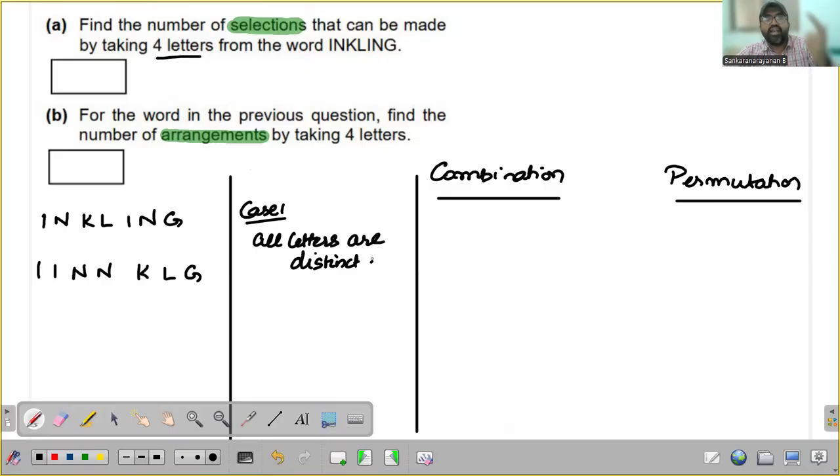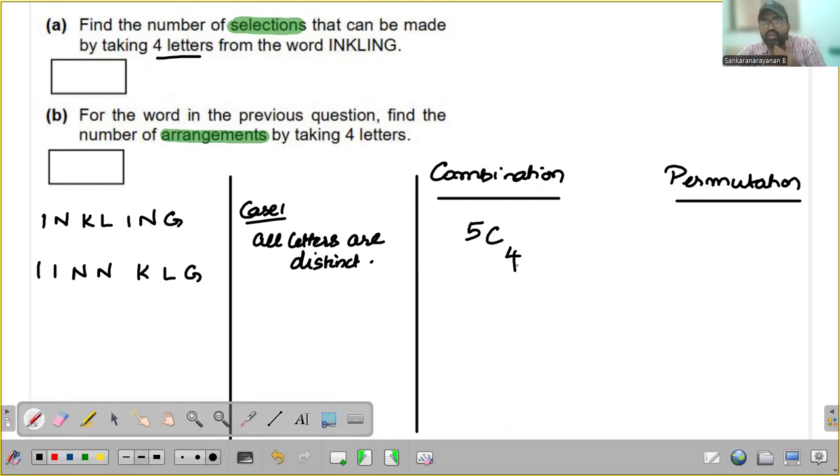I, N, K, L, G. These are the 5 distinct letters. From this 5, you decide to select 4.